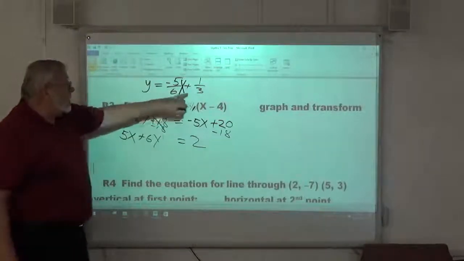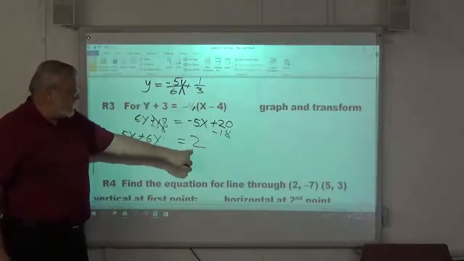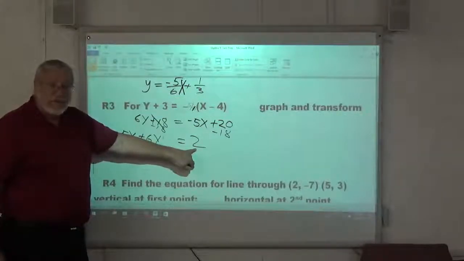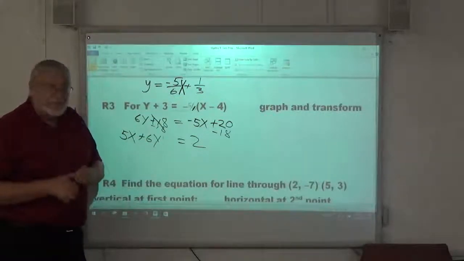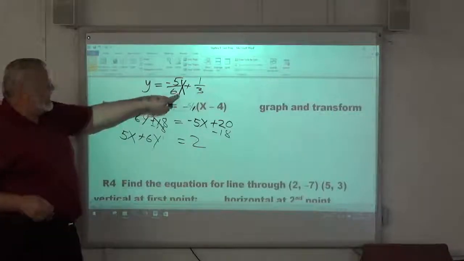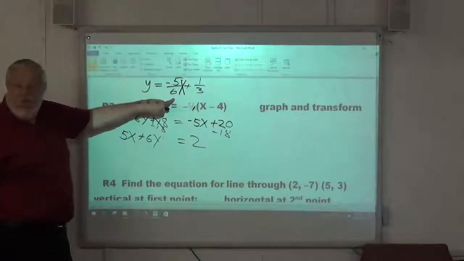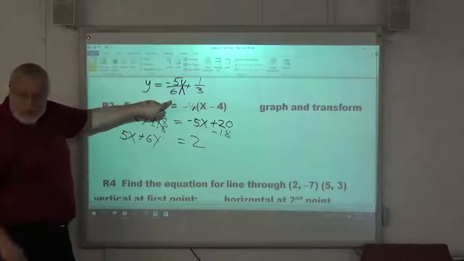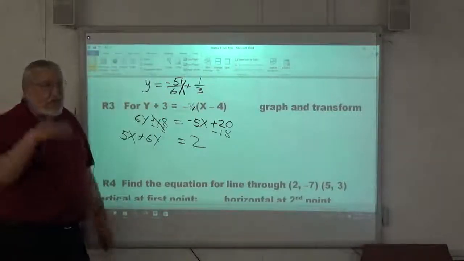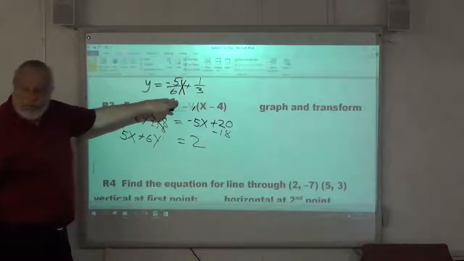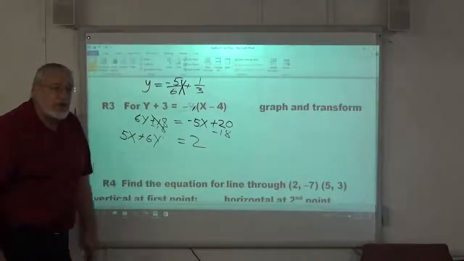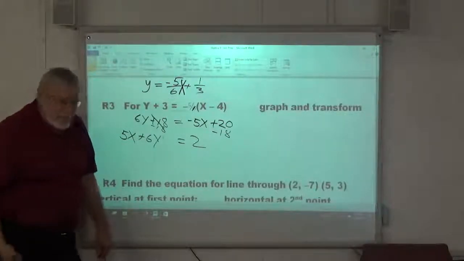Now, what's 6 times this? 2. Okay. Now, this one is ugly, and so we don't like it. Most of the time in Algebra 2 and higher, this is what you end up using, because you can already do the easy ones. Right. Okay?